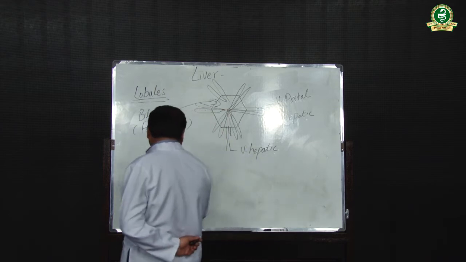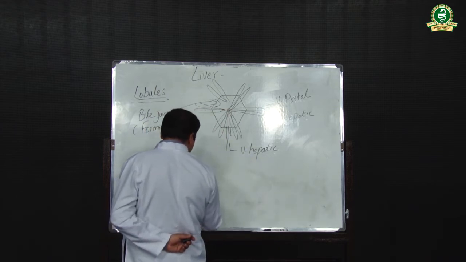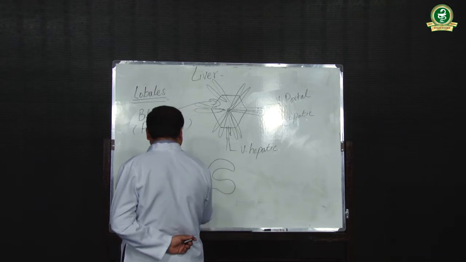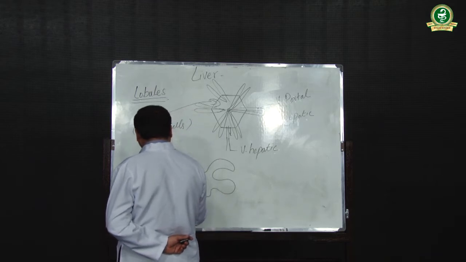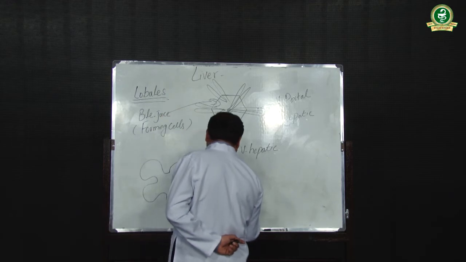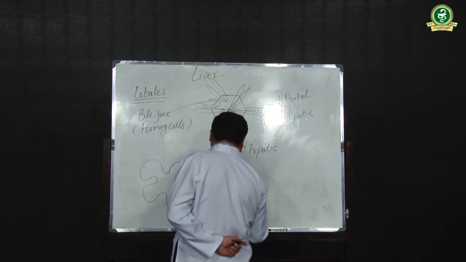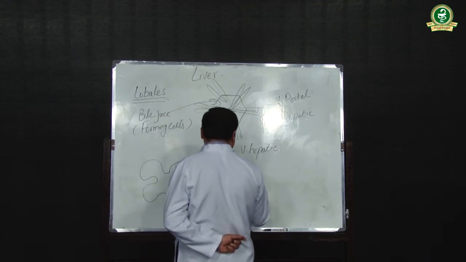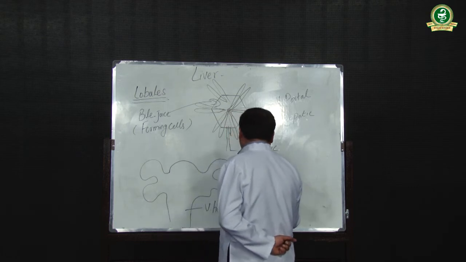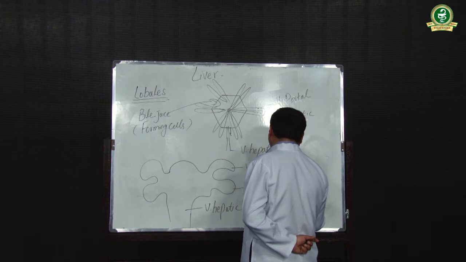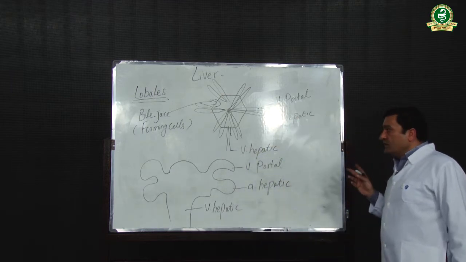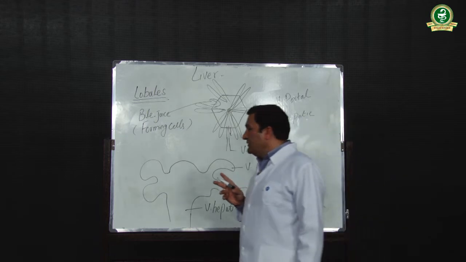How is its structure? Hepatic vein, portal vein, hepatic artery. That is our structure of lobules.